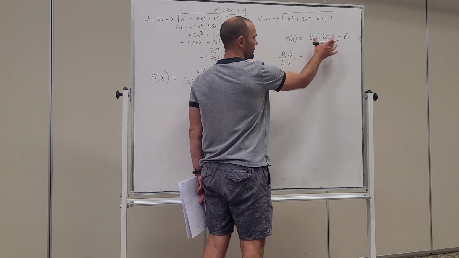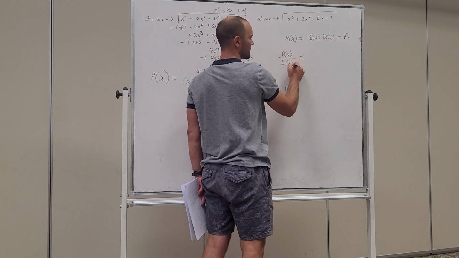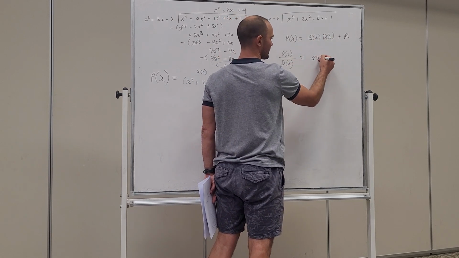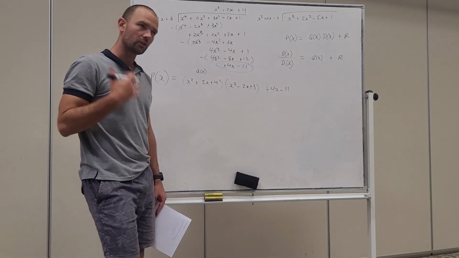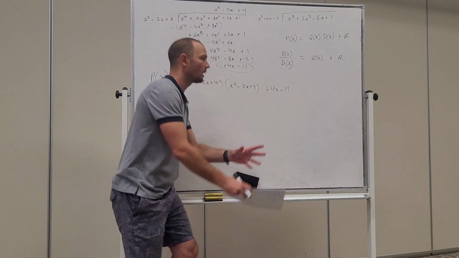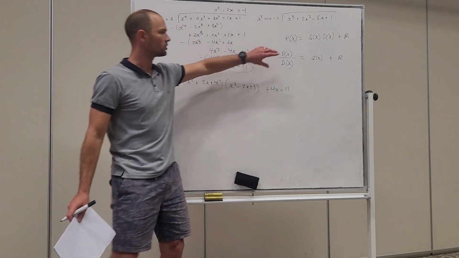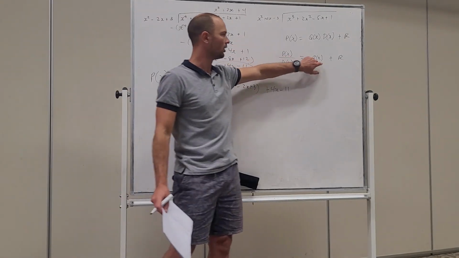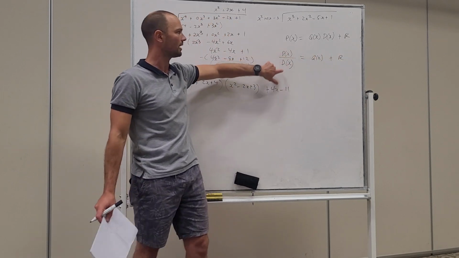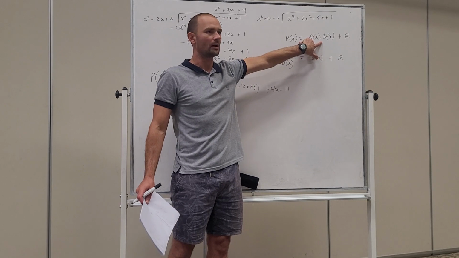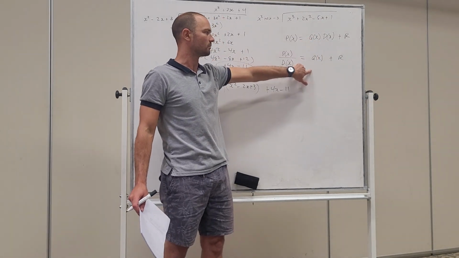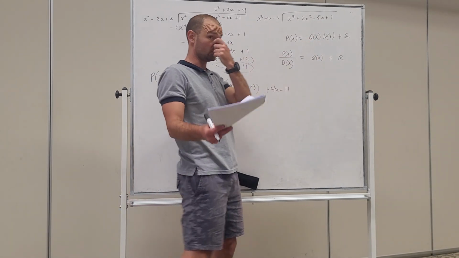And if I divide both sides by D of x, we're going to have here Q of x plus the remainder. So this is an alternative way that we can dictate a relationship between polynomial, divisor, quotient and remainder. All I've done is I've taken our fundamental expression and divided both sides by D of x, and this is another way to dictate the relationship.